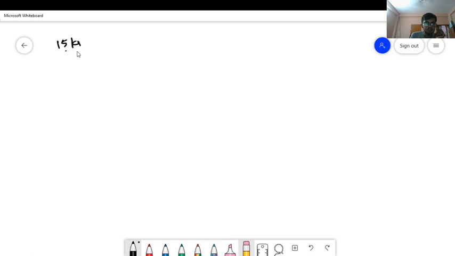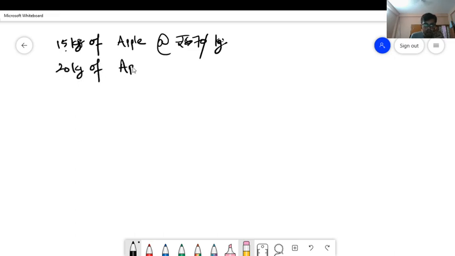There was 15 kg of apple, or anything, at the rate of 70 rupees per kg, and there was 20 kg of apple at the rate of 50 rupees per kg. Okay, so what did we have? Let's say this was 60.